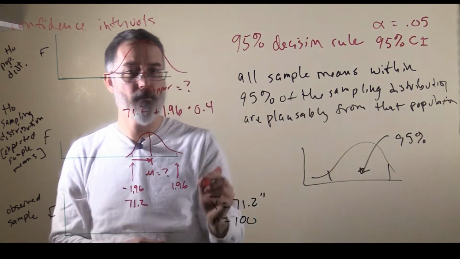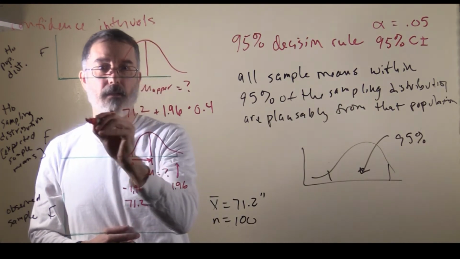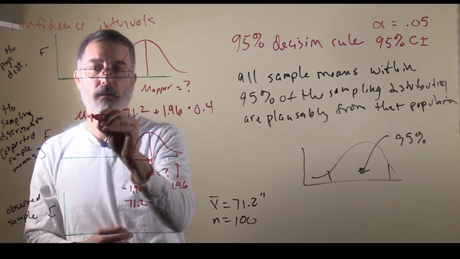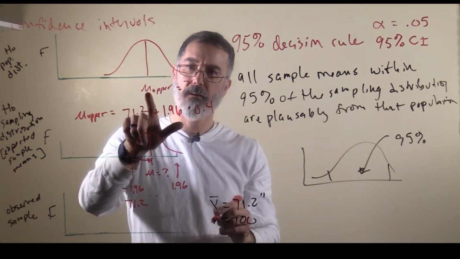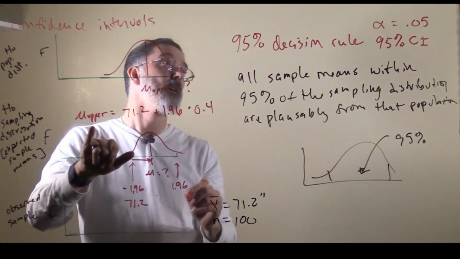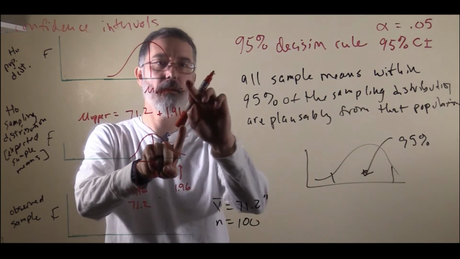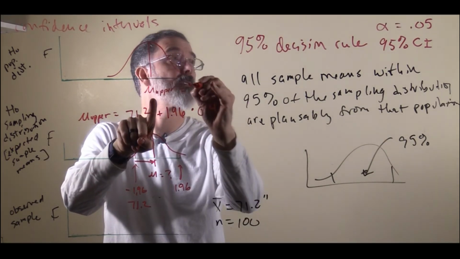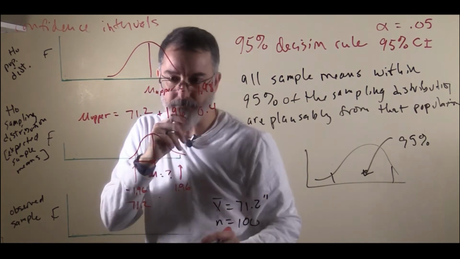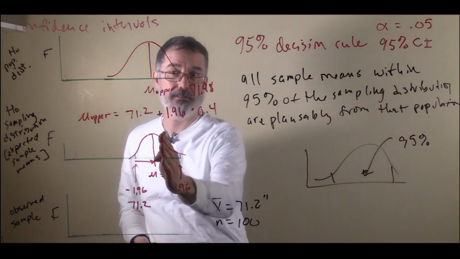Right now it's 0.4. And this will tell us the mean of the upper limit for a confidence interval. You do this math, and this value turns out to be 71.98. So that's how the upper limit is actually determined.